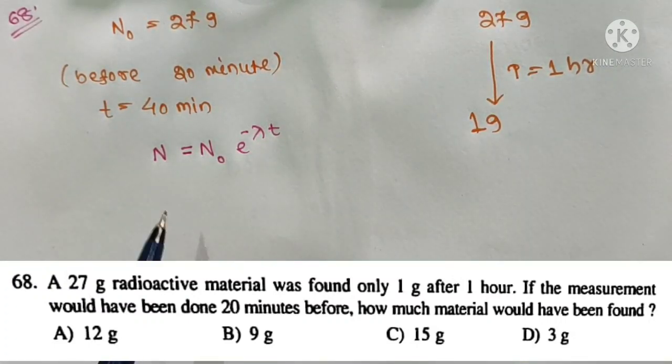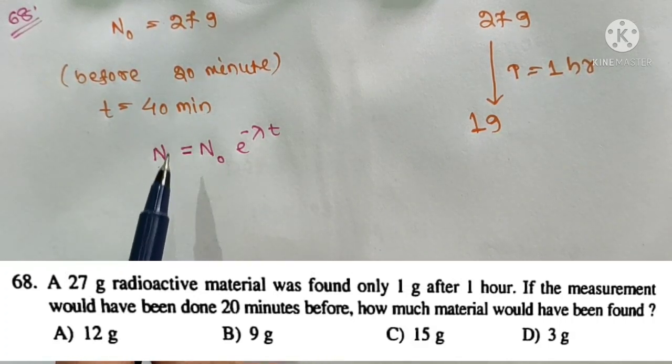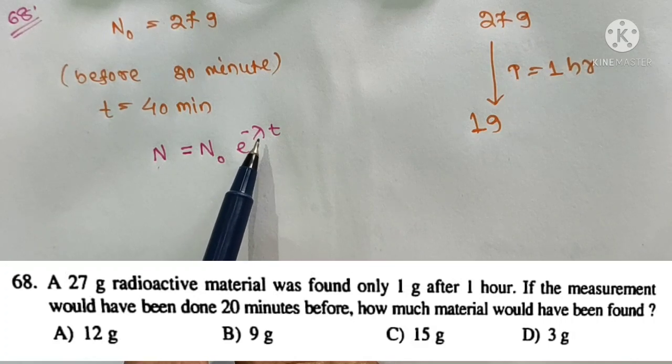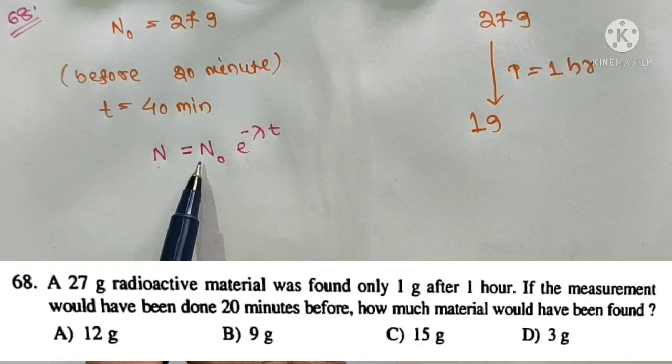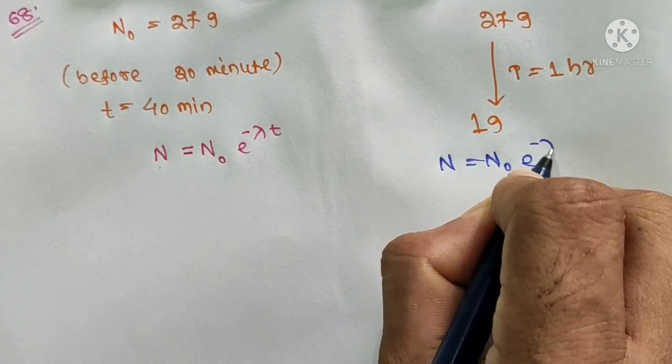So N naught is given, t is given, so we have to find this lambda, that is the decay constant of that radioactive material from the given data. So use that relation.